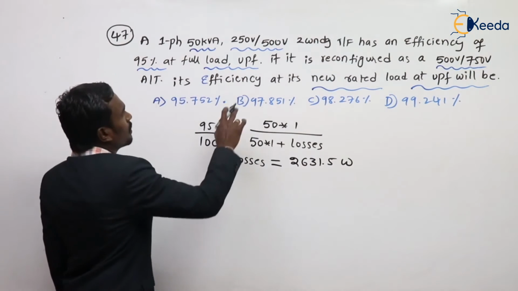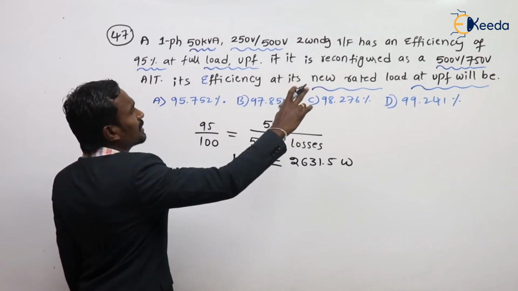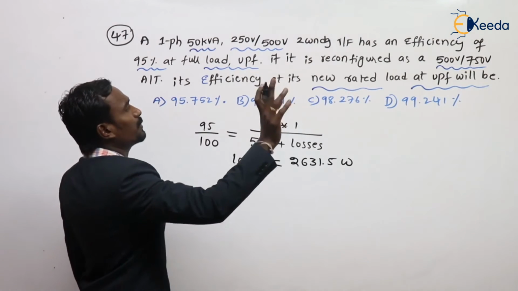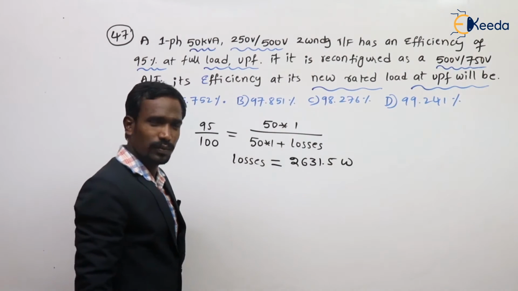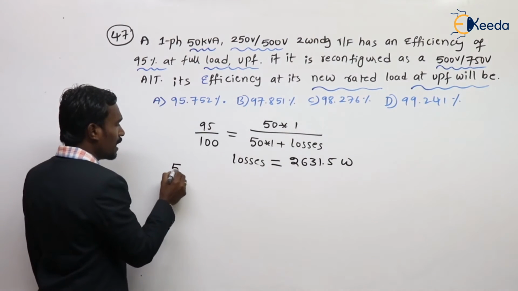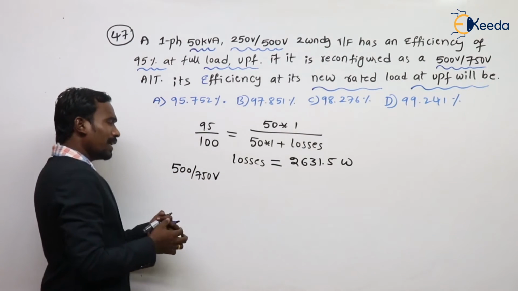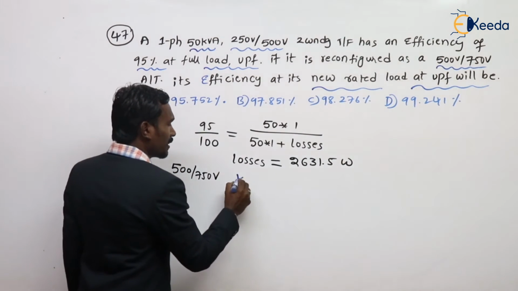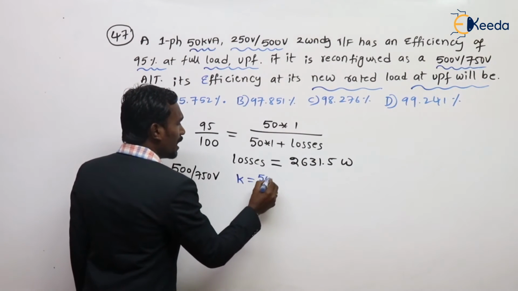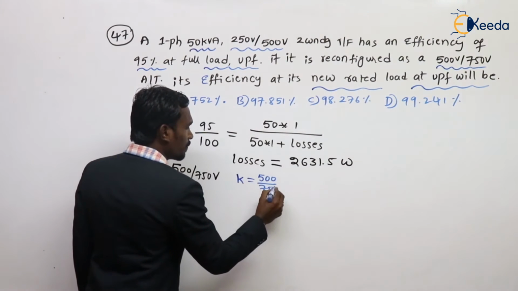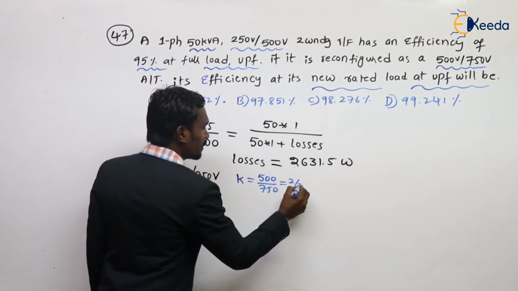Next, it is reconfigured as 500 by 750 volts. What is K here? K is equal to LV by HV, nothing but 2 by 3.